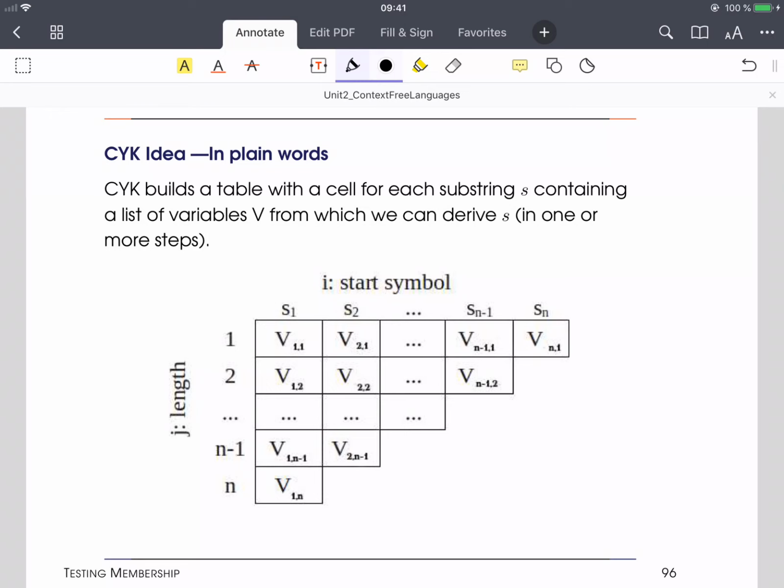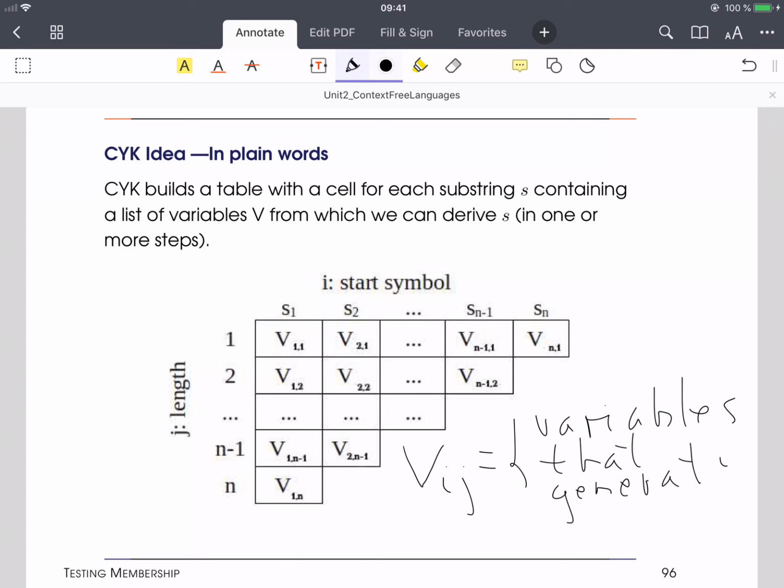So we are going to use sets of the form bij, which are the variables that generate the substring that starts in the position i and has length exactly j.